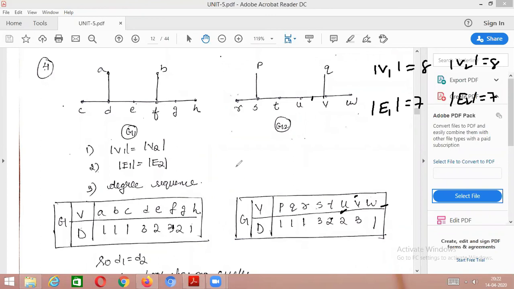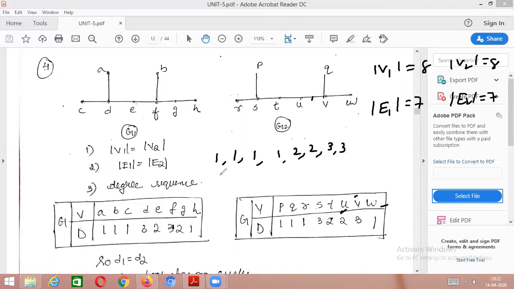For example, first in ascending order, for the first graph I am writing 1, 1, 1, next 1. How many ones? 4 ones. Next 2, 2. Next 3, 3. Okay. 1, 2, 3, 4, 5, 6, 7, 8.